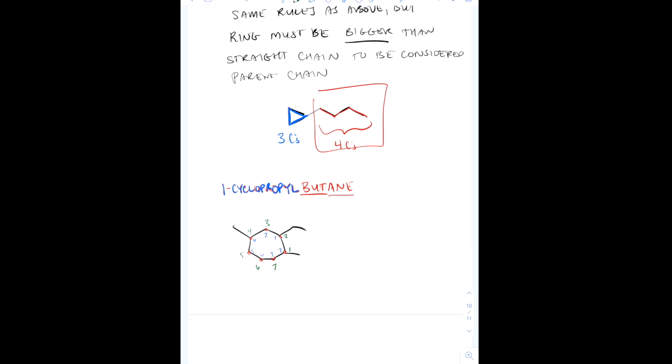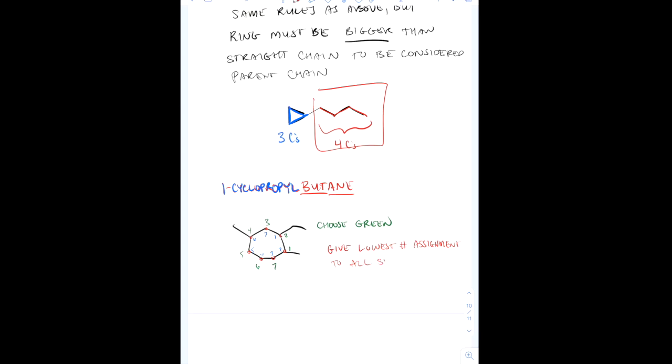That's the same for blue, but in green we have another substituent at the 4 position, whereas the 3rd substituent isn't until the 6th carbon if we choose the blue labeling. So I would choose green, because what we want to do is give the lowest number assignment to all substituents.